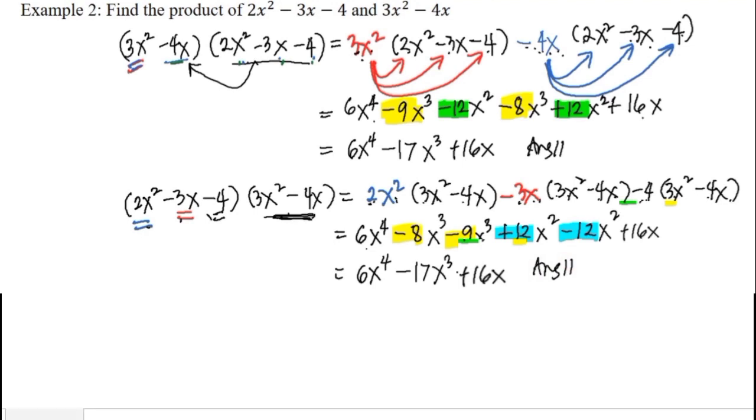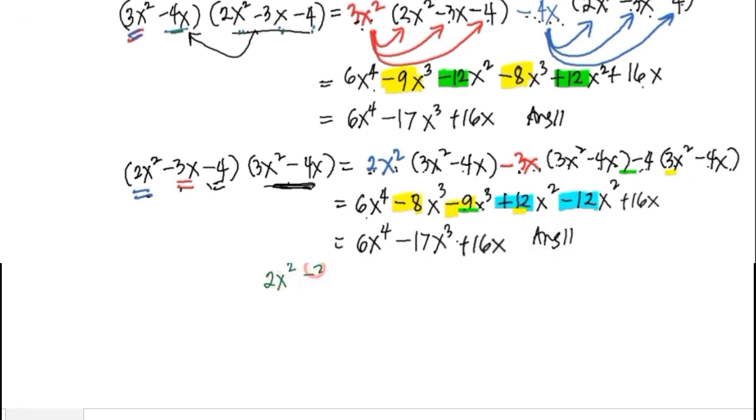We are just going to write this 2x squared minus 3x minus 4 here, and then this term dito sa baba, 3x squared minus 4x. And then ang gagawin natin ay i-multiply natin ito sa isa doon sa taas.